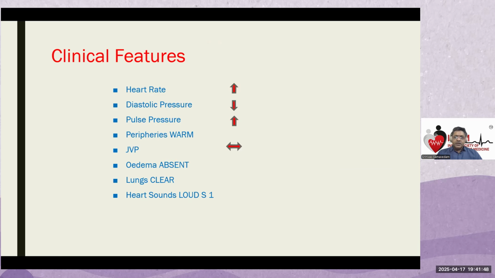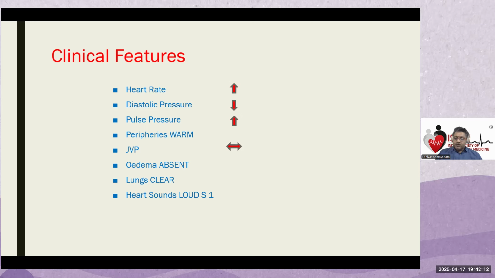In the initial stages of this type of shock, your clinical features would include tachycardia. The cardiac output is always a reflection of the stroke volume and the heart rate, so the first response to a decrease in cardiac output is an increase in heart rate. So these patients usually have a high heart rate.